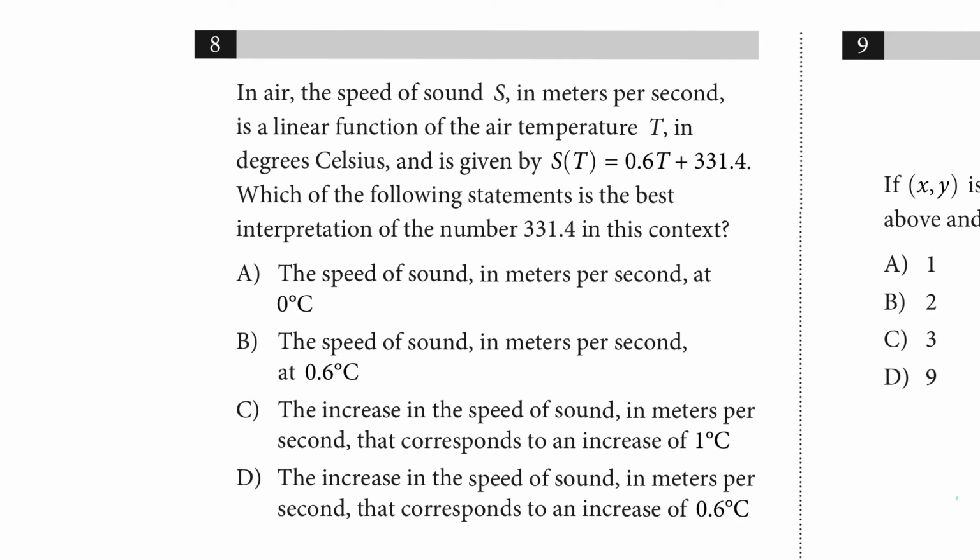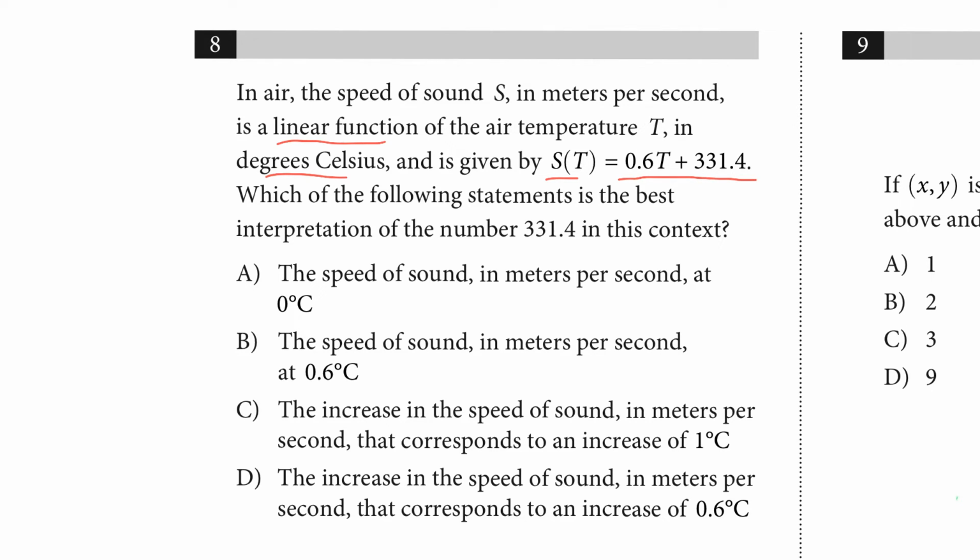Number 8. In air, the speed of sound s in meters per second is a linear function of the air temperature T in degrees Celsius and is given by the formula S of T is equal to 0.6 T plus 331.4.